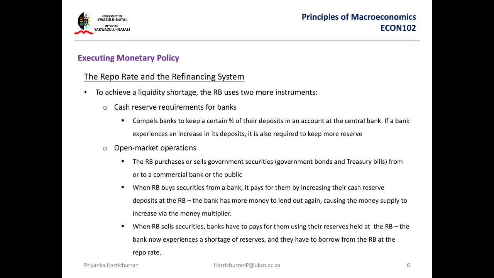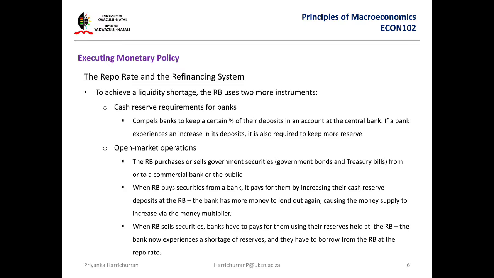So, cash reserve requirements: the central bank will tell commercial banks they must keep a certain percentage of the money they got from people as reserves at the bank, so in a safe. The higher those reserves, the more money has to be kept by the bank. This means there's less money in circulation because the money is just kept in a safe in a bank.